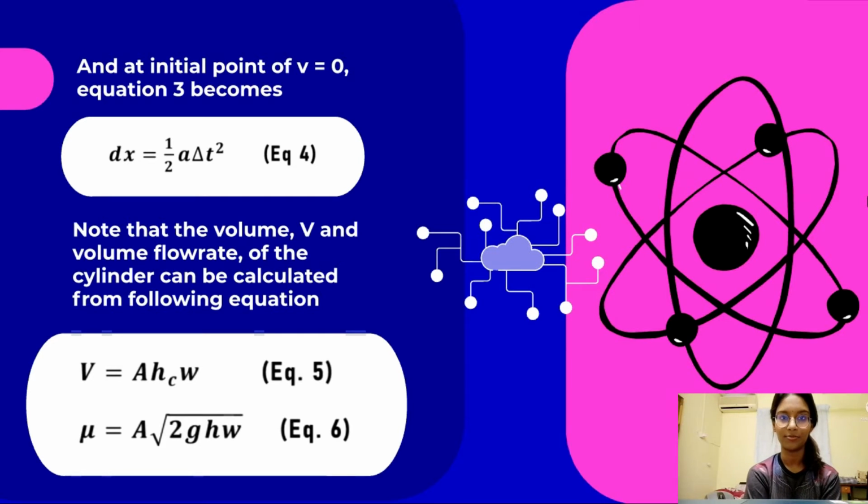And note that the volume V and the volume flow rate of the cylinder can be calculated from the following equations. That's equation 5 and equation 6, whereby equation 5 is V equals A Hc W and equation 6 is mu equals A times the square root of 2gHw, whereby A is the area of the cylinder in m squared, Hc is the height of the cylinder in meters, and W is the width in meters.